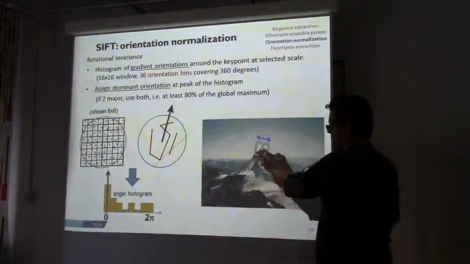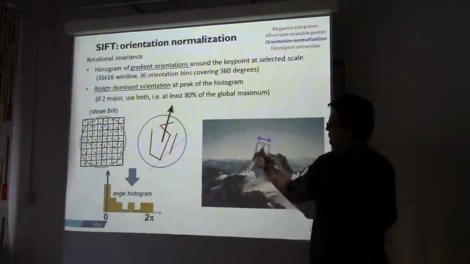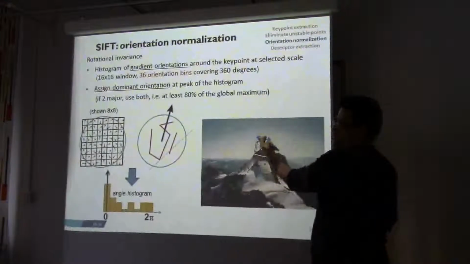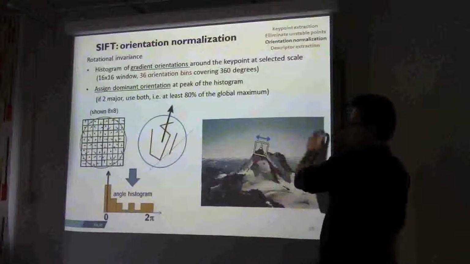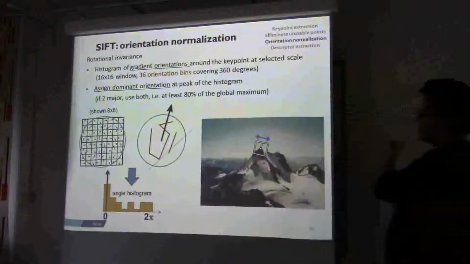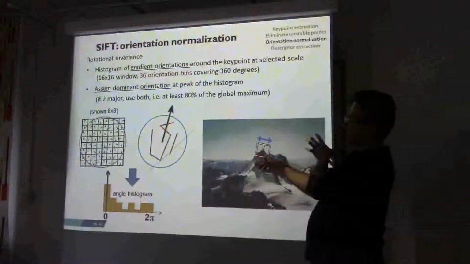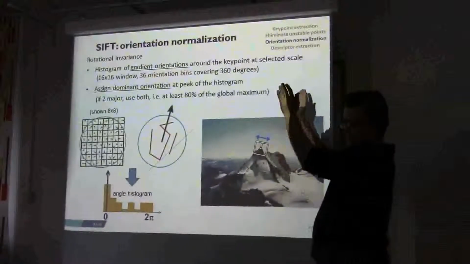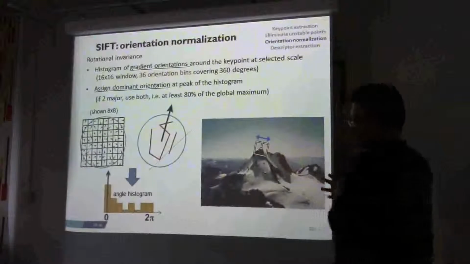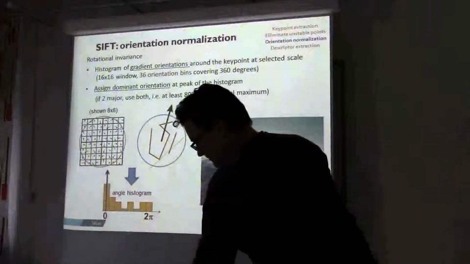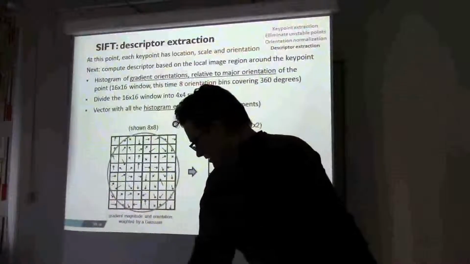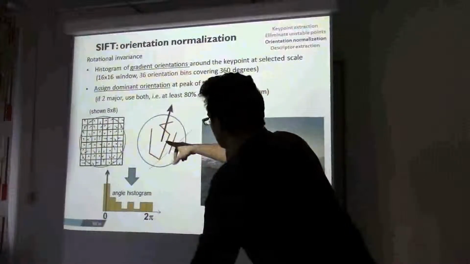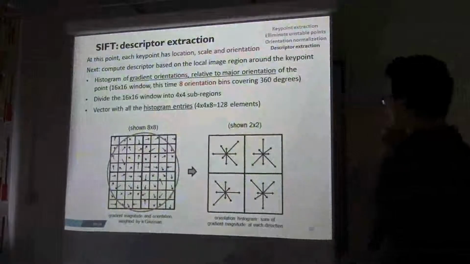What we are going to do is to extract features with respect to the predominant orientation. So if you get this image rotated, you detect this point, then you will rotate your window accordingly. So in each case, you are going to analyze the neighborhood in the same orientation. The neighborhood is analyzed in the same way as before, but using a different concept.